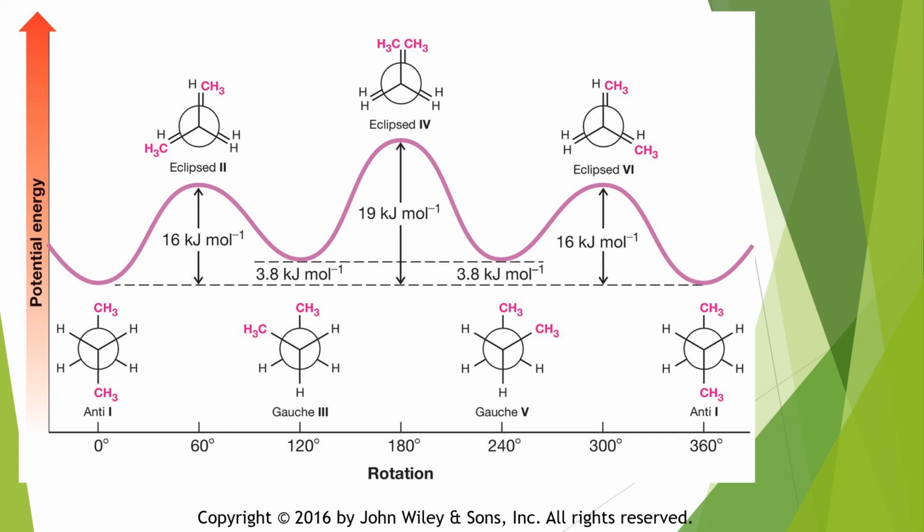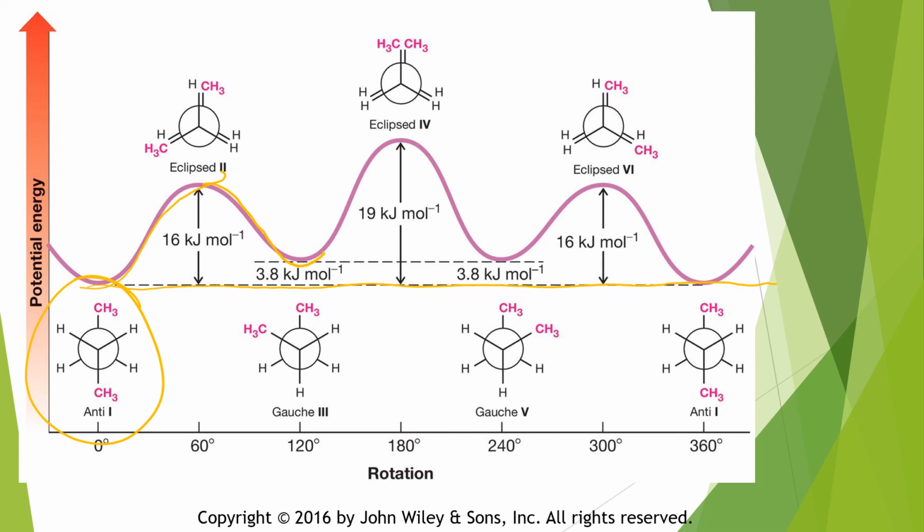So you can see this on this energy diagram here. Our very, very best conformer is down here. So our baseline is here. And then every time that we go up to an eclipsed conformer, it's a high energy cost. You can come back down to the gauche staggered conformer.